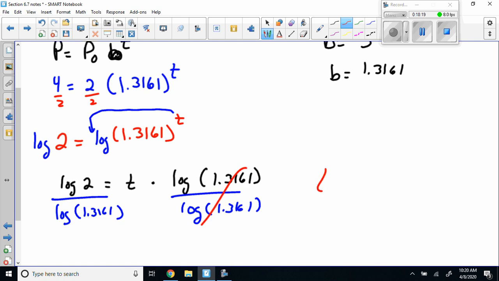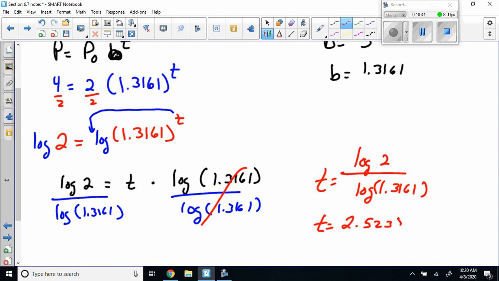And then it'll leave me with time equal to the log of 2 divided by the log of 1.3161, right? Put some parentheses in there. So time is equal to 2.5235, which to 2 decimal places, time would be equal to 2.52 days.